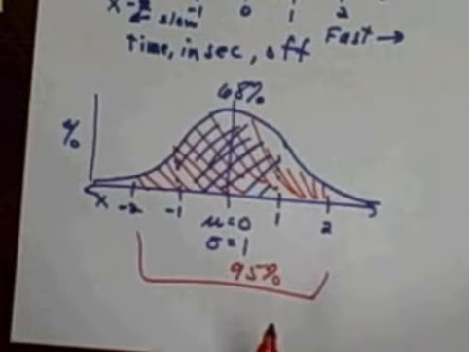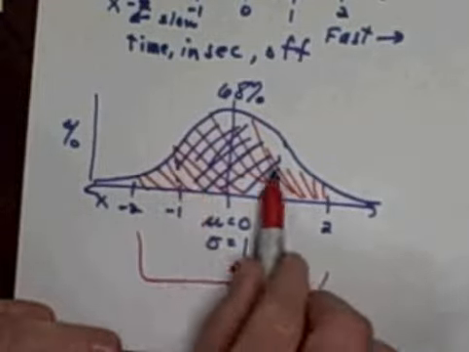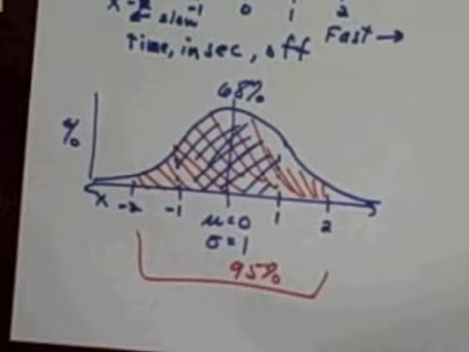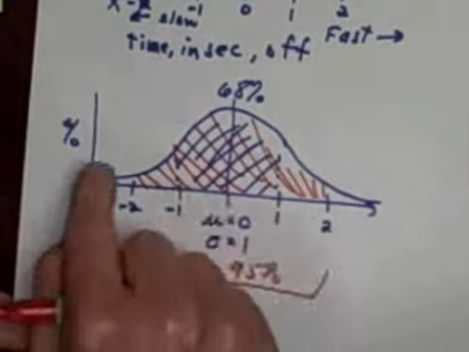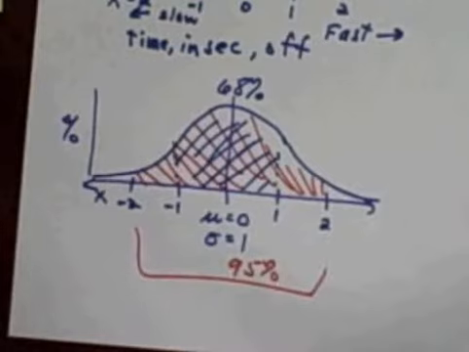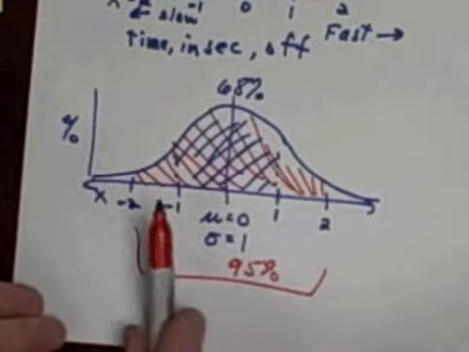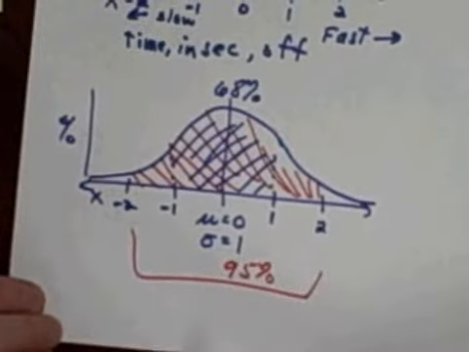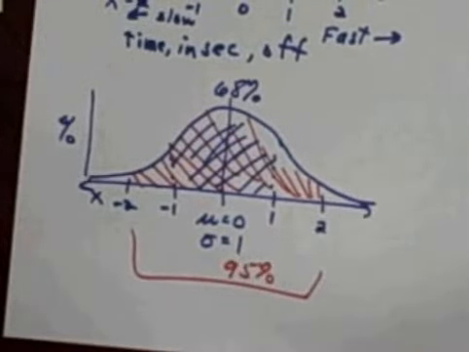And another way to state that is, as well as being 95% of all clocks are in this range, think of it this way. If I were to randomly choose one of the clocks from here, there's a 95% chance that it will be between 2 seconds slow to 2 seconds fast. That's another way of stating the same idea.